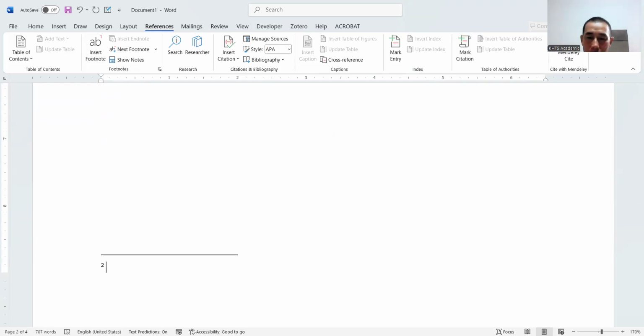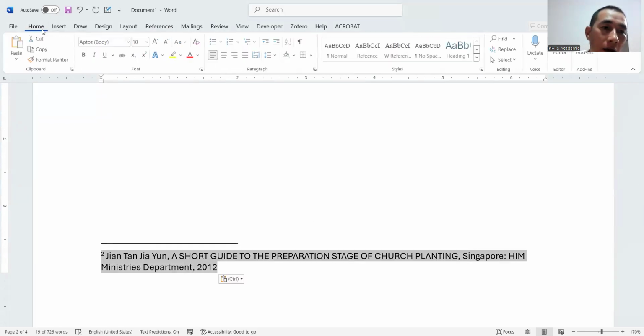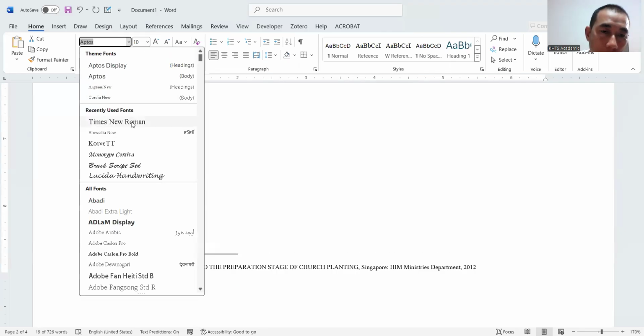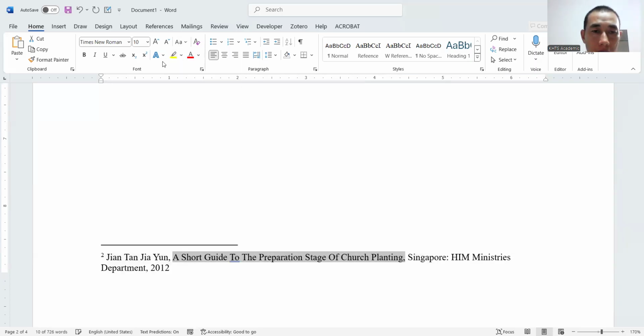And the second footnote is that information which I was typing. Then we get that footnote. That's Times New Roman 10. These things should be, and then italicized.